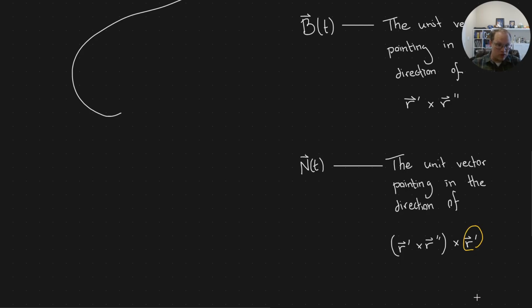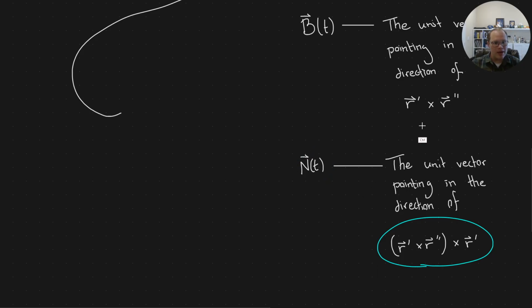R prime points in the direction of the unit tangent vector. Okay? So this vector is pointing in the right direction. It's pointing in the direction of the unit normal vector. Now, this probably isn't the unit normal vector, but it's pointing in the right direction. And that's the most important part. The length is easy because all we have to do is normalize it.